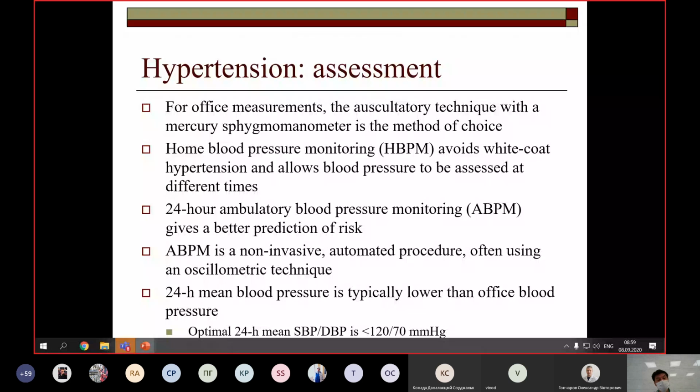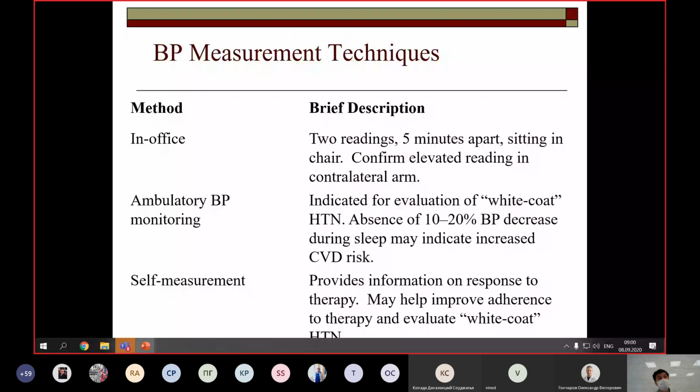On the slide, you see the BP measurement techniques in office, ambulatory BP monitoring, and self-measurement. Please take into consideration that self-measurement is generally recommended for all individuals having hypertension. The patient has a great opportunity to measure BP and keep a complete diary, so you will have full information regarding the morning and night BP values.